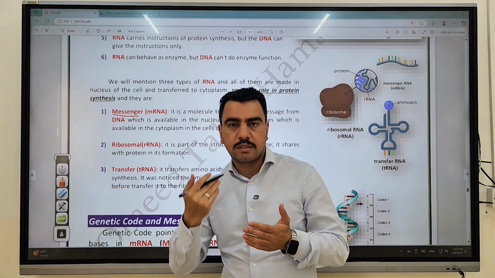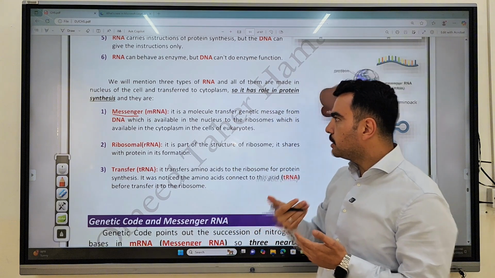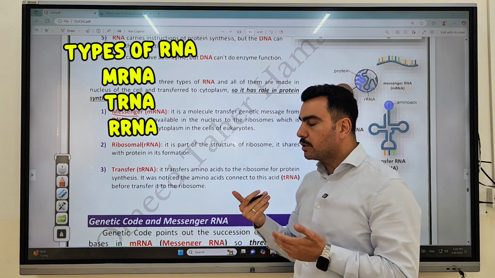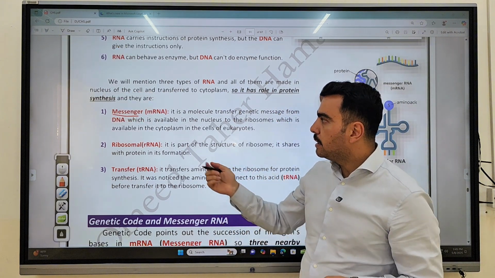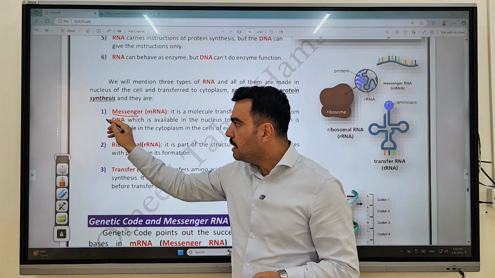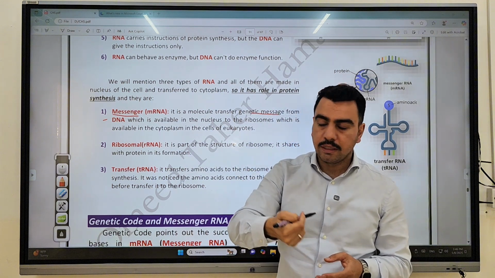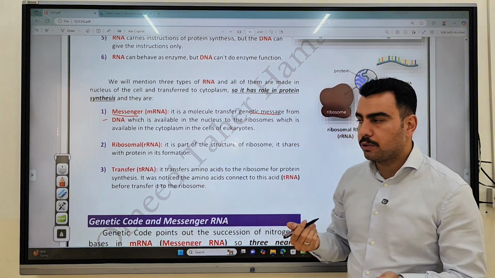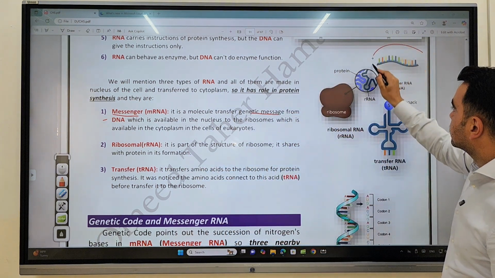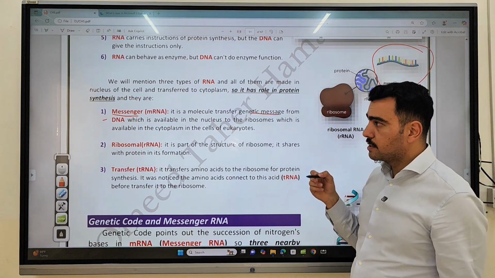A messenger transports signals, transports information, isn't it? It transports instructions from one part to another, where all the genetic message has been taken from DNA. DNA gives the order, and messenger RNA transports it. Here is messenger RNA. It has codes and the instructions on it.